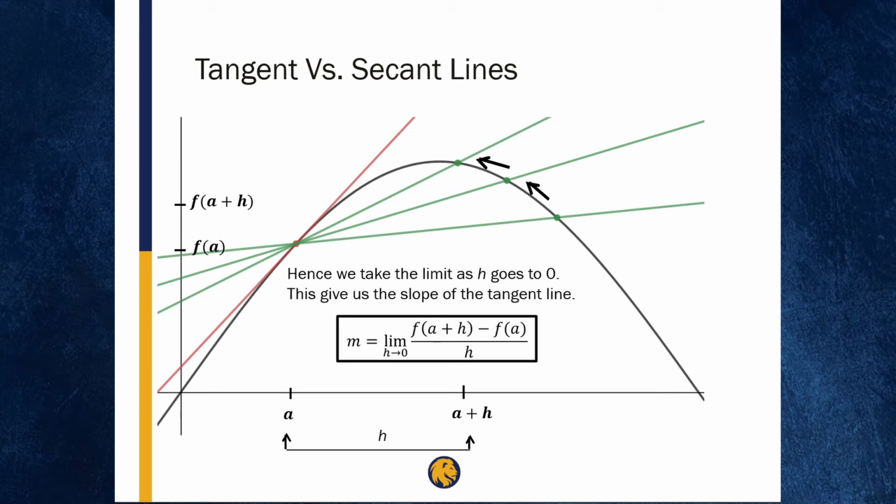Hence, if we take the limit as H approaches 0, this gives us the slope of the tangent line. So we say m, the slope of the tangent line, is equal to the limit as H approaches 0 of f of A plus H minus f of A all over H.